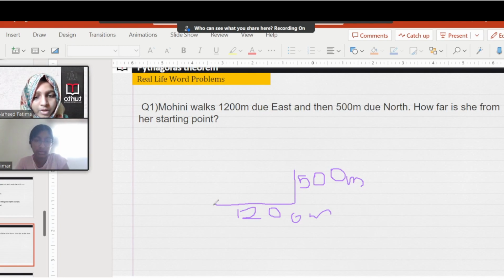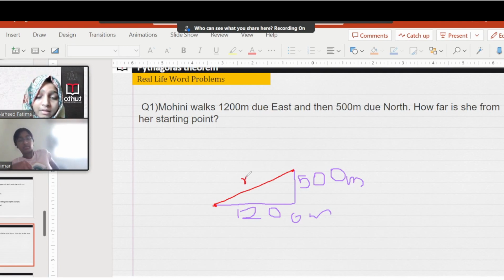So from this point till this point, what is the distance? That would be your shortest distance. You can take the text, and this one is your hypotenuse now because it is opposite to your 90 degree.